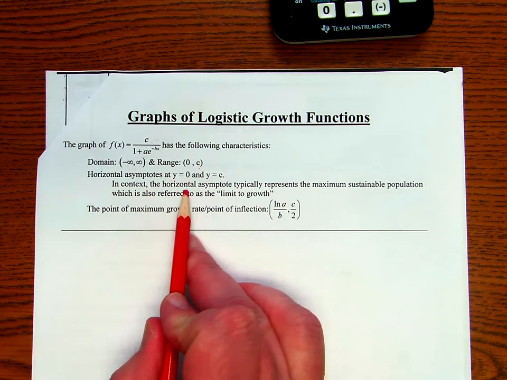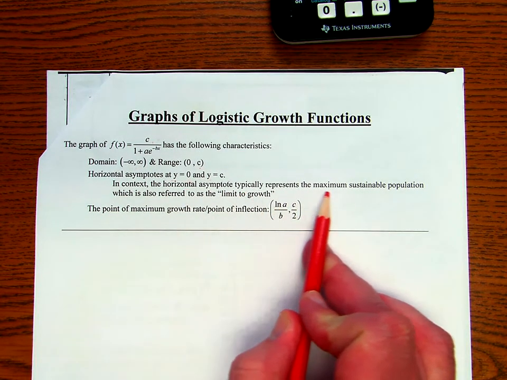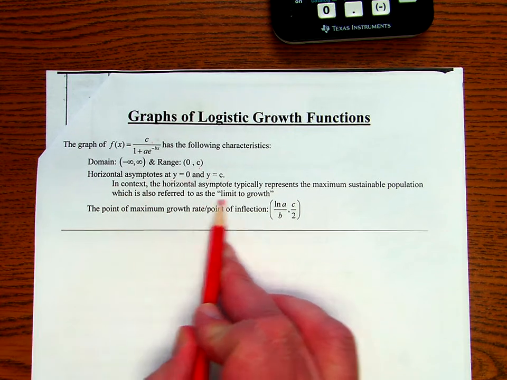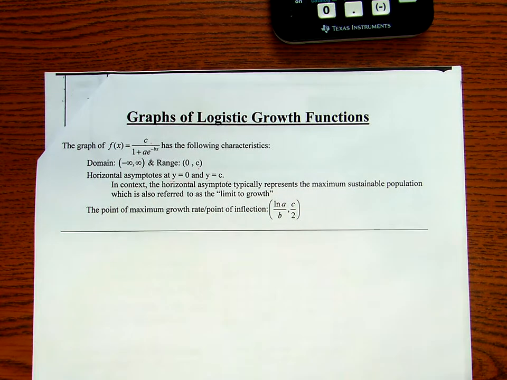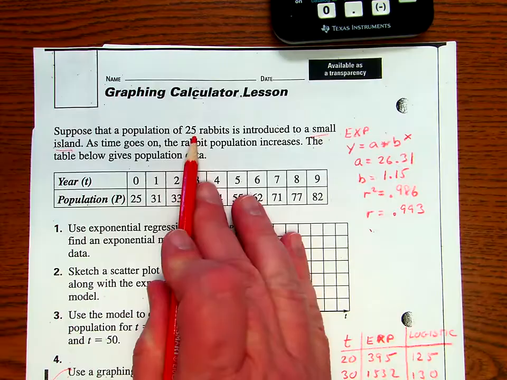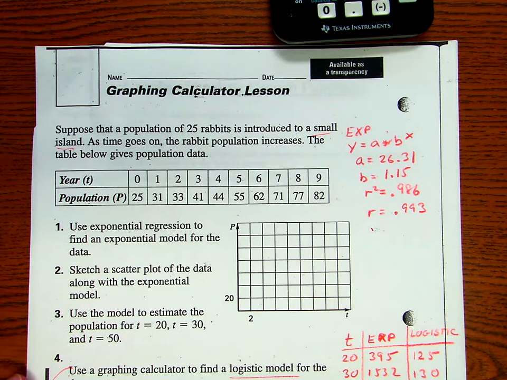So in context, the horizontal asymptote typically represents the maximum sustainable population, which is also referred to as the limit to growth. So based on this particular model, this island is never going to be able to sustain more than, you could justify 130 as in the rounding down.